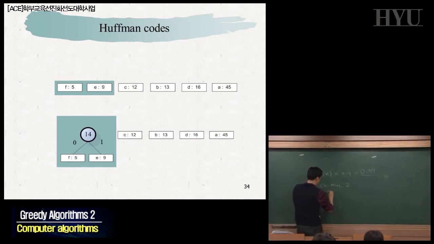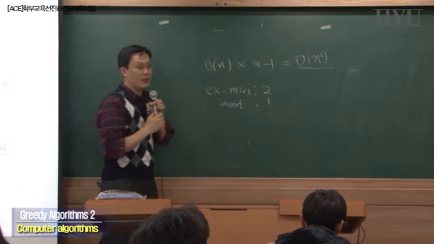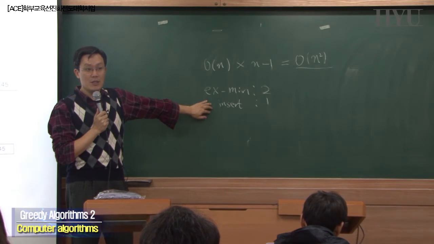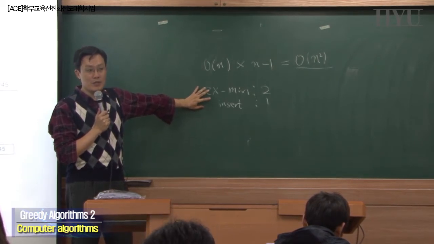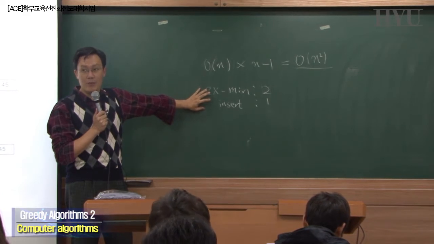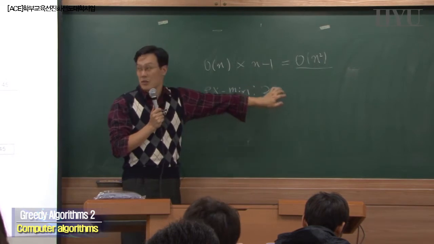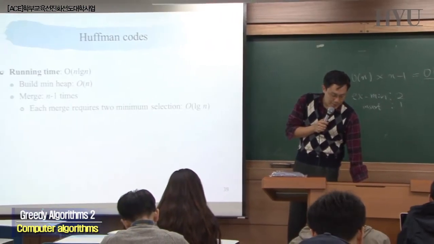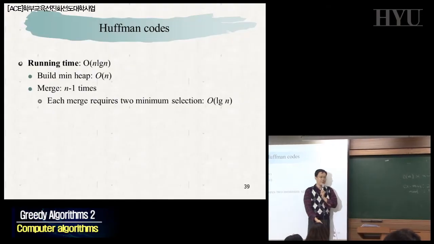Heap insert is also big O of log n. So all these operations are performed in big O of log n time. And we have n-1 iterations. So the total running time is big O of n log n.